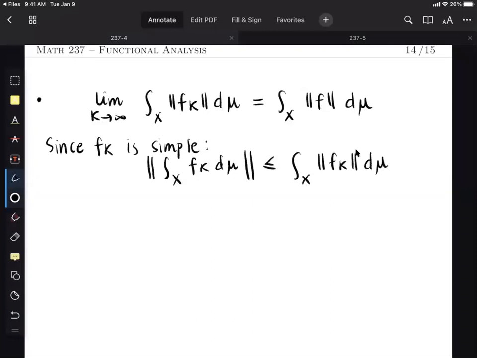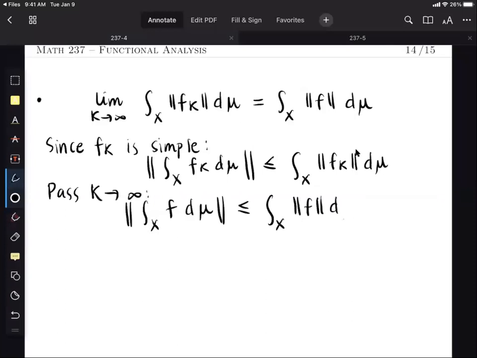If we pass k to infinity, the limit of the left-hand side would be the norm of the integral of f, and the right-hand side, applying this limit here, would be the integral of the norm of f over X with respect to the pre-measure mu. This is now valid for any f in this collection of equivalence classes.